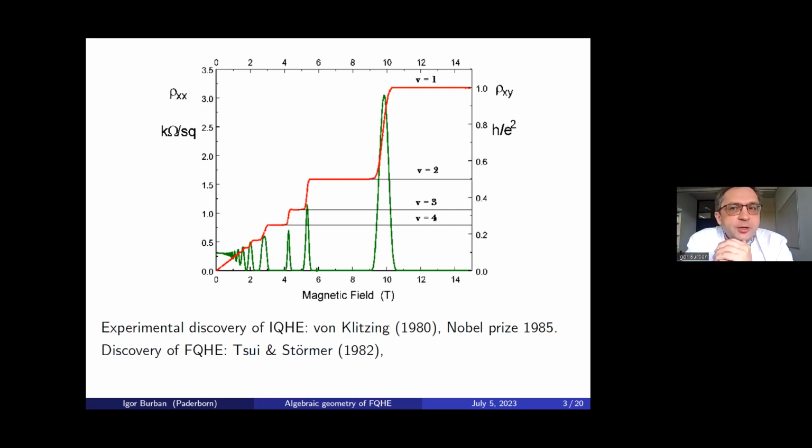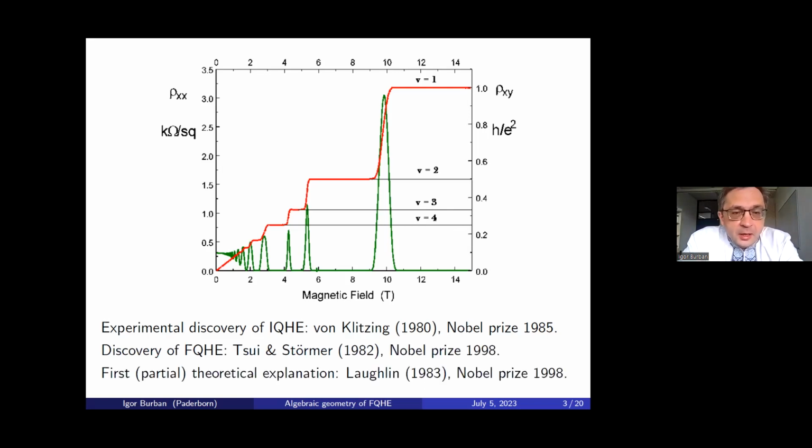And fractional multiples are not arbitrary. The first and partial theoretical explanation was given by Robert Laughlin, and again, the three of them got, several years later, 15 years later, a Nobel Prize in Physics for this work.